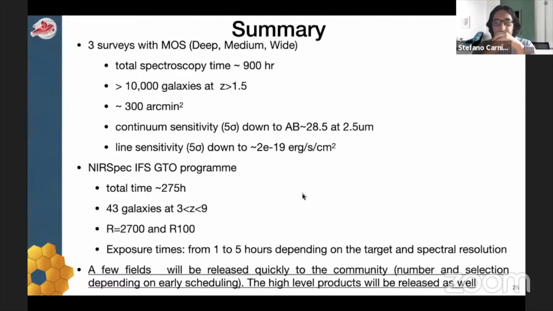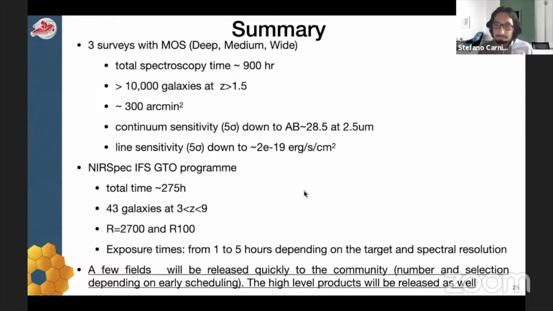So I might jump in and ask the first question that we've got here. I think that actually Brant has maybe just answered the question. The question was, can you say a bit more about the timeline for public release of the data? And I think Brant has answered that in Slack, saying the public release timeline for JADES depends on the scheduling.